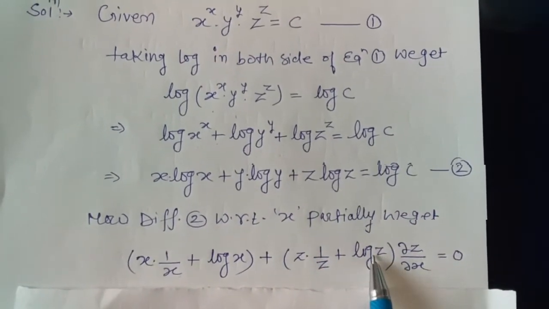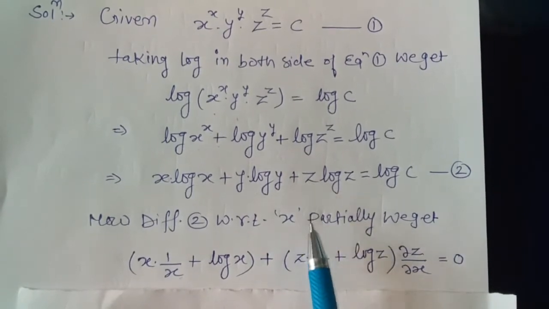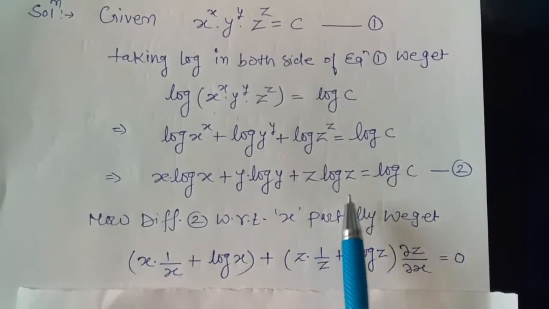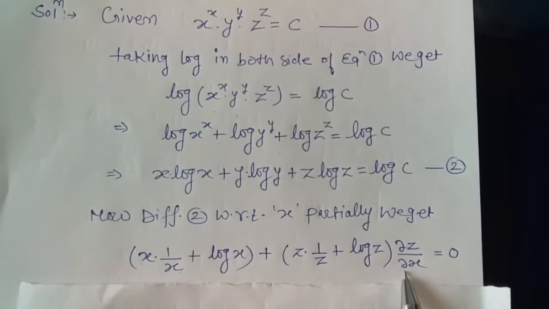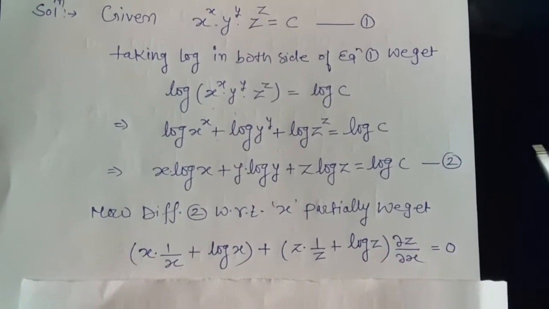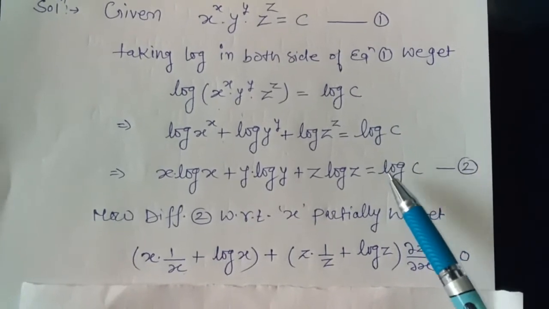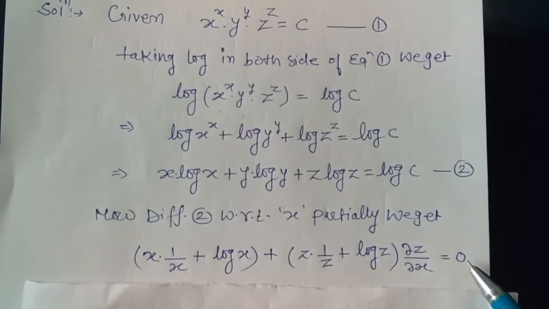Then we take ∂z/∂x common, equal to, on the right hand side, log c, a constant, whose derivative is 0.